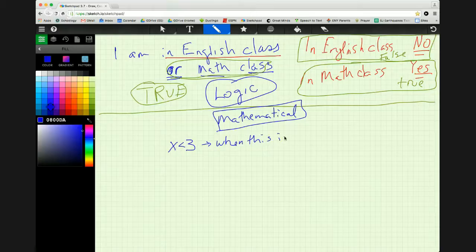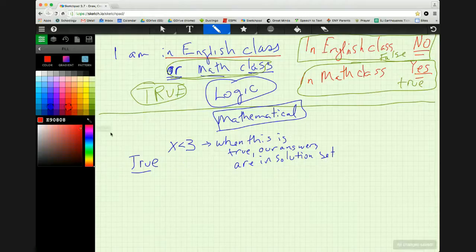Our solution set is when this is true, our answers are in the solution set. I don't know that I've worded this perfectly well, but you'll know what I mean. Let's look at some answers that make this true, and some answers that make this false.